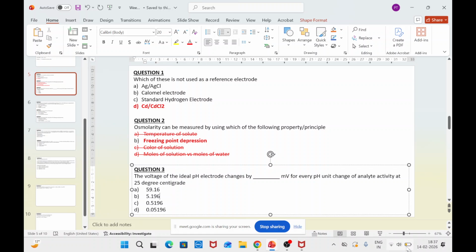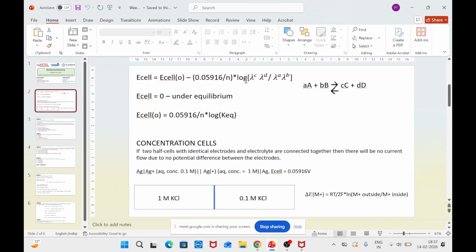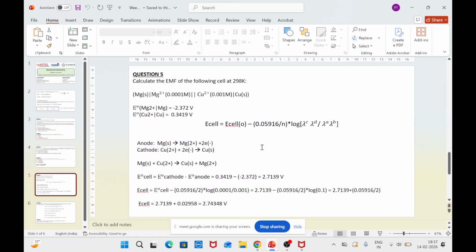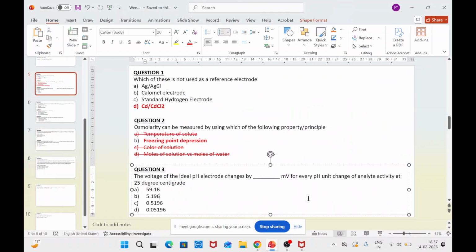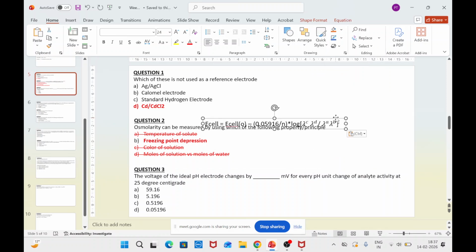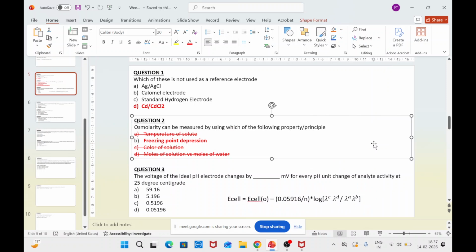If you want the equation, let me paste that equation here. But you need to rewrite, in the sense, substitute their respective values.